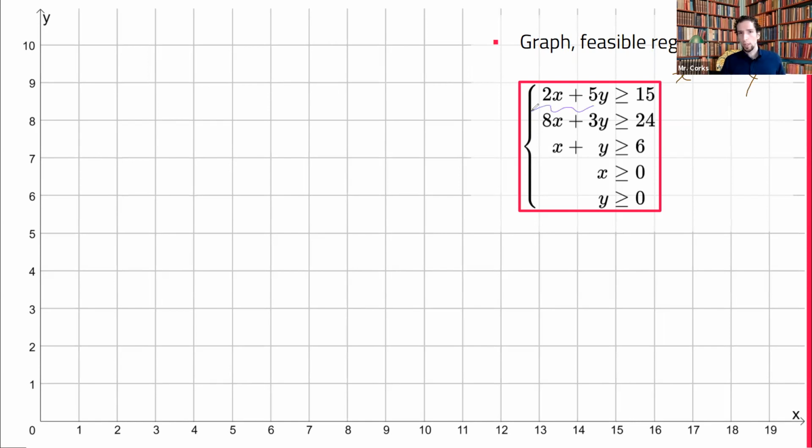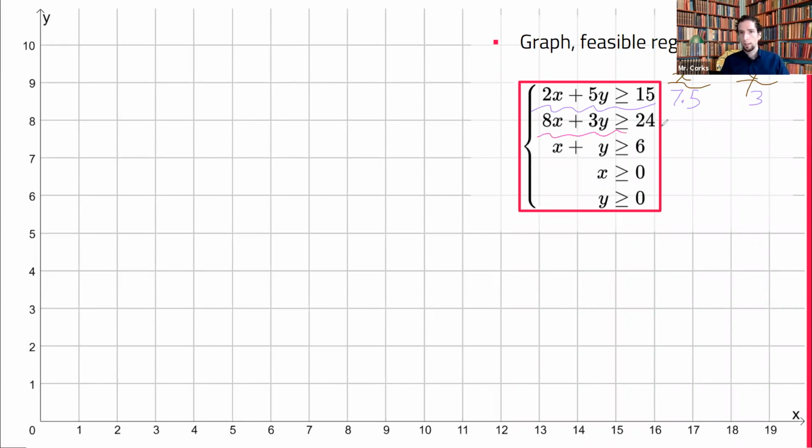So for the first one, 2x plus 5y greater than or equal to 15, what are the intercepts? Three and 7.5. Okay, so our first one here, it is 7.5 for X and then 3 for Y.